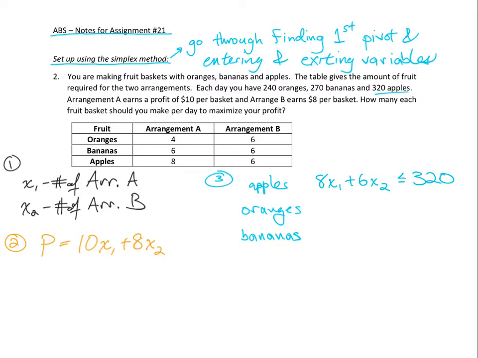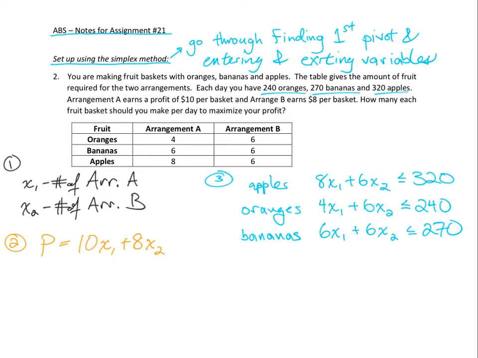For oranges, arrangement A uses 4 of them, arrangement B uses 6 of them, and there are 240 available. For bananas, it's very similar. Each arrangement uses 6 bananas, and we're allowed to go up to 270 bananas each day.